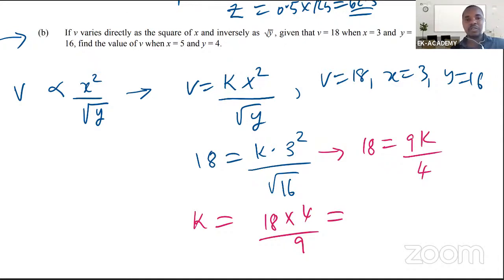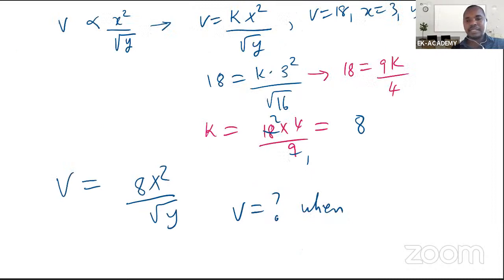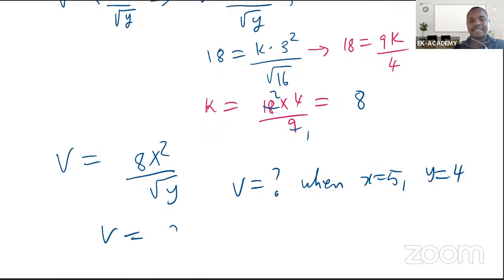Now we're supposed to find the value of V when X is 5 and Y is 4. So V will be equal to 8 times 5 squared, divided by the square root of 4.